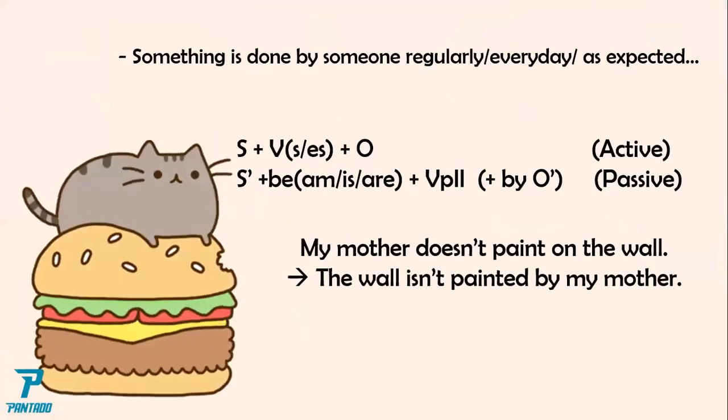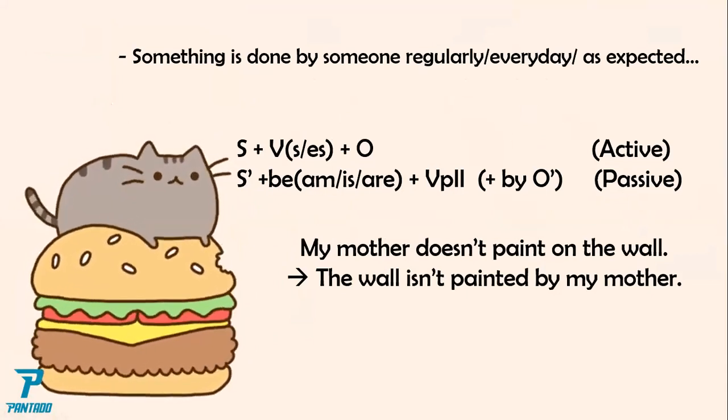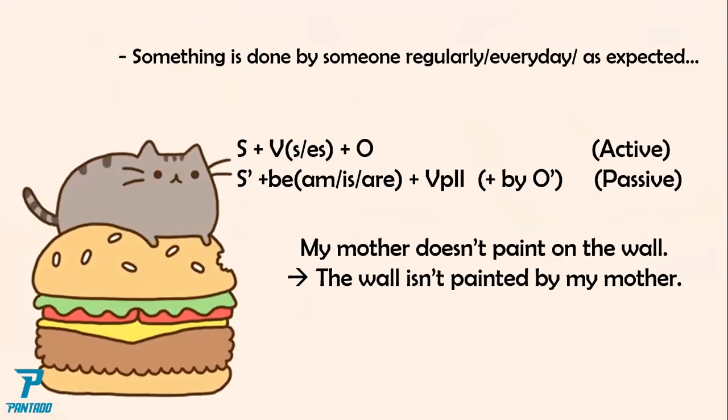All right, so we have the present simple passive voice here. Now let me tell you again. How are we going to change a sentence in the present simple tense to the passive voice?